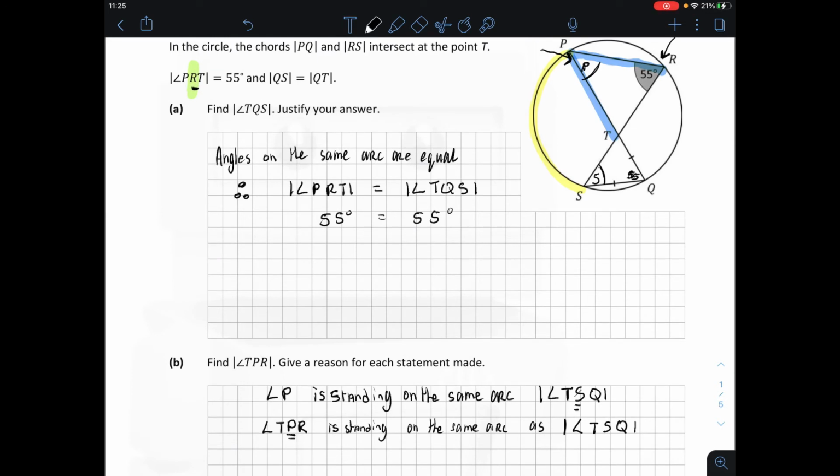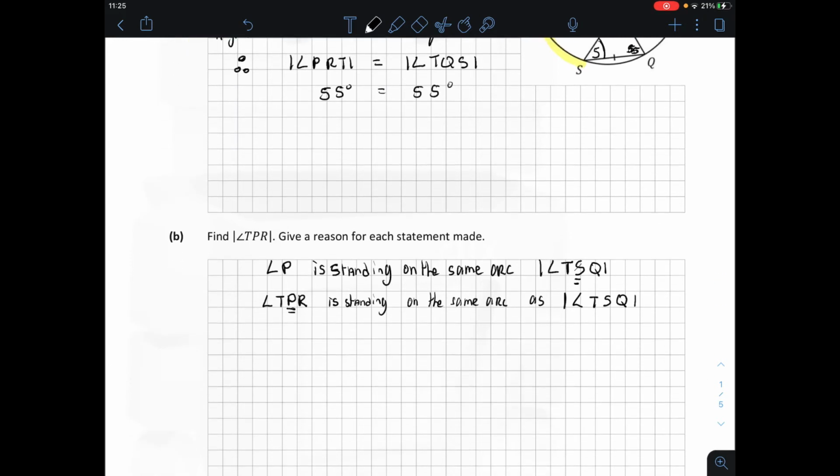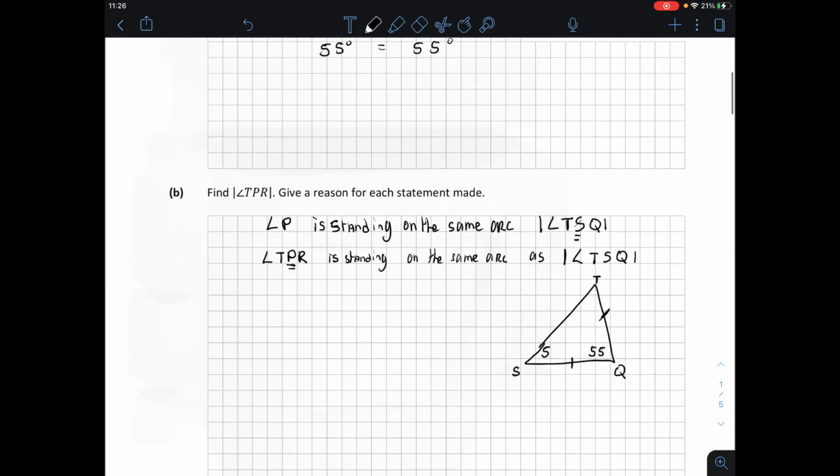How can we find angle S? Well, we know, let's just draw it out here again. So here's S. This is 55. This is T. We know that in this triangle, TSQ, we have an isosceles triangle because two sides are equal.